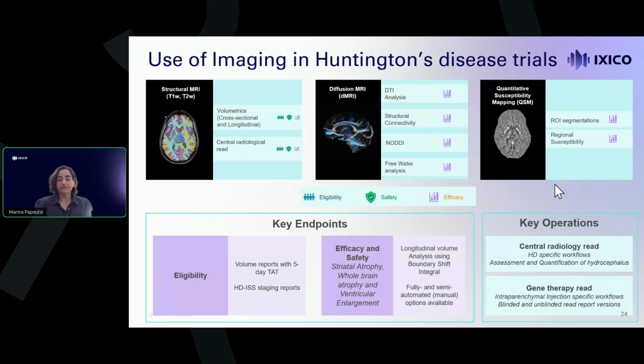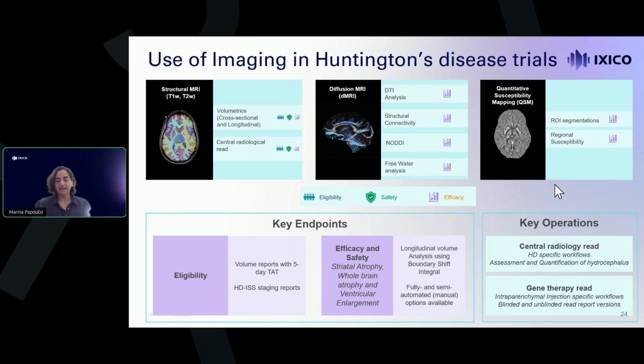As Jeff briefly mentioned in his talk, imaging has a very well-established role in clinical trials, even though we're still learning a lot about how to use it in a clinical trial context. The most commonly used modality is volumetric imaging using structural MRI, and that's used for safety, eligibility, and also for efficacy, usually as an exploratory endpoint, but also in some cases a secondary endpoint.